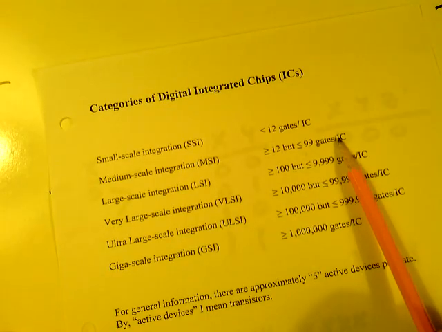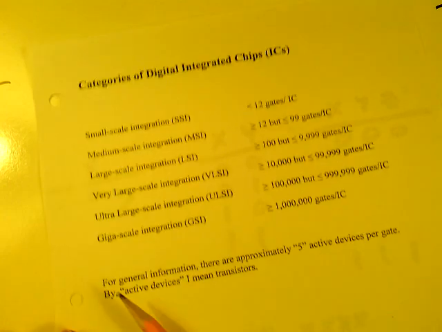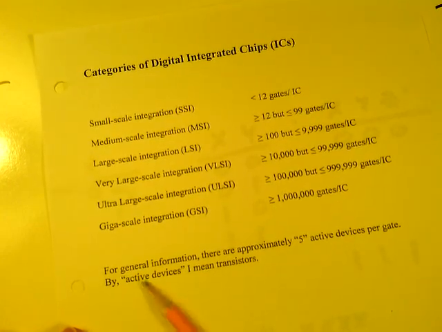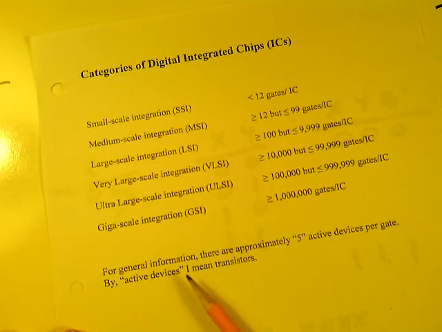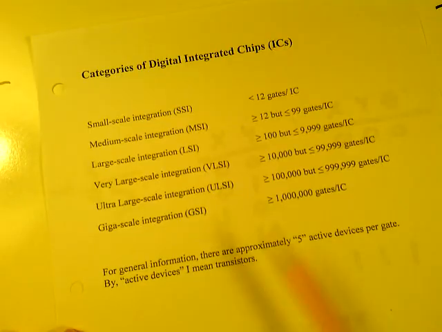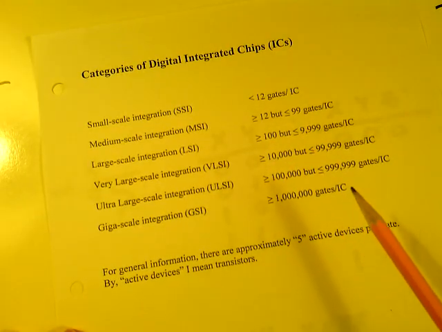And even though you don't know what ICs or gates are right now, for general information, there are approximately 5 active devices per gate. By active devices, I mean transistors. So just multiply these numbers by 5 if you want to know how many transistors we're talking about.